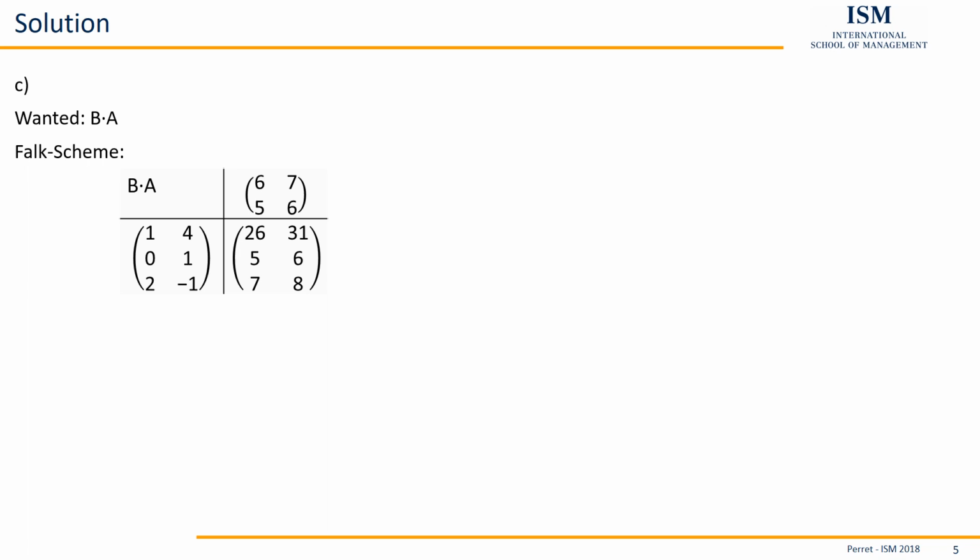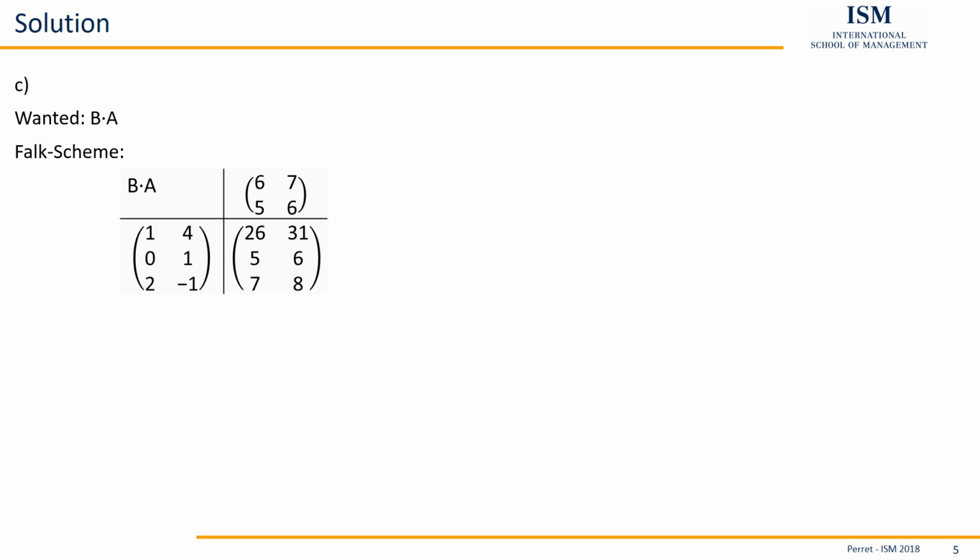For the entry in the first row, second column, we take the first row of B and the second column of A. So it goes 1 times 7 plus 4 times 6. So 7 plus 24, giving us 31. Then we continue. Second row, first column. So it's 0 times 6 plus 1 times 5, giving us 5.